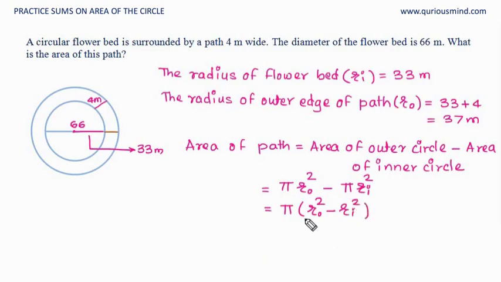Okay, now here we are going to talk about one identity. The identity which we have not learned, but it is very useful when we have to solve these sums. Hence, we are going to touch upon this identity.